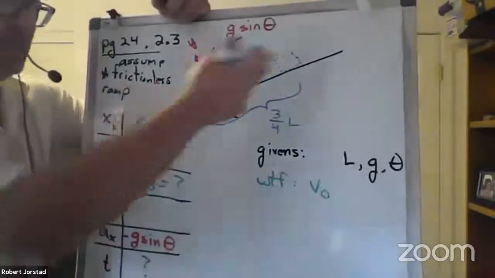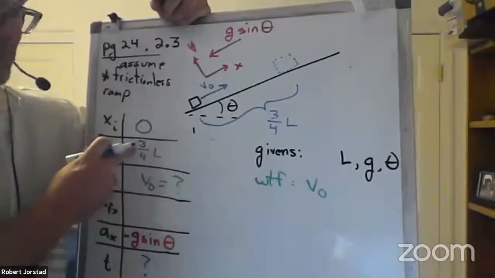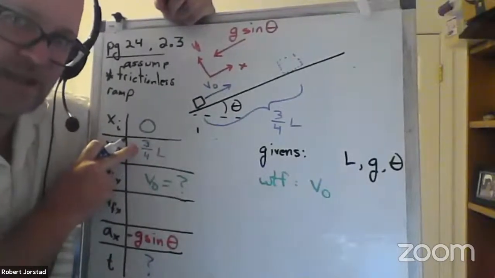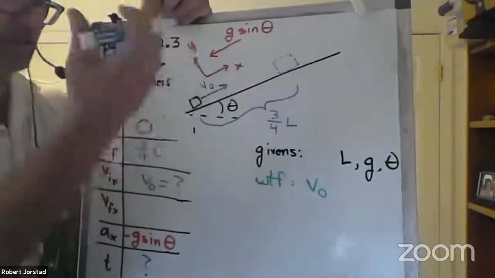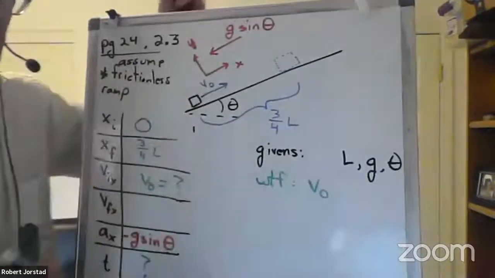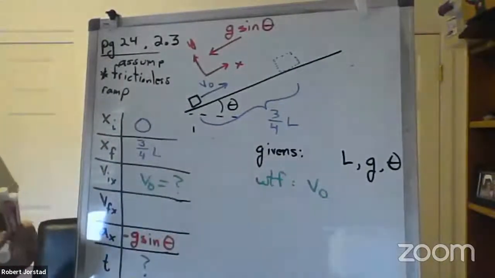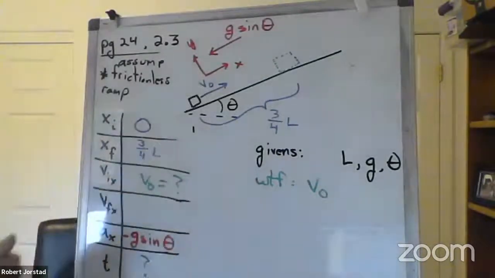Having that information in your picture is a lot stronger, and it explains why this is 3/4 L. Imagine you look at this two or three months from now and I ask you to explain it. If you have this picture, you'll be like, oh yeah, that's why I got 3/4 L, because it only goes 3/4 of the way up. If you don't have that picture, this might not make sense, and that slows you down. It's not that you can't figure it out, it just wastes your time.